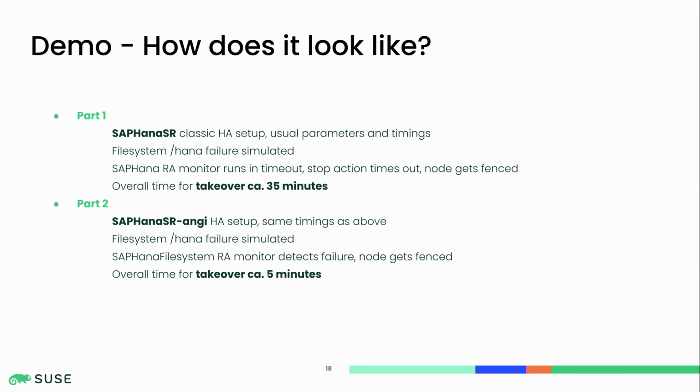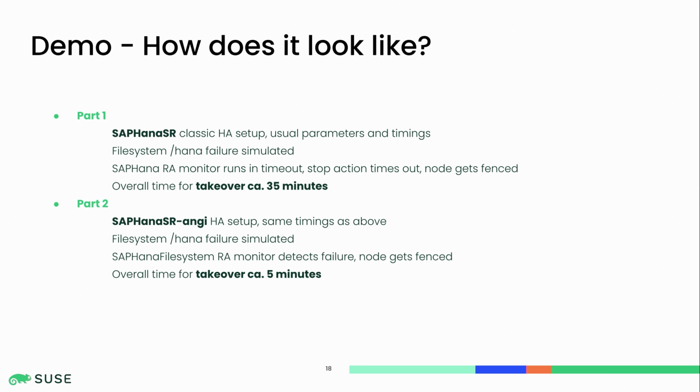The cluster would take 35 minutes to resolve the situation because of the timeouts we need to wait to find out everything really is broken without having the binaries. Everything runs into timeout, then takeover takes place, and with a standard configuration that takes around 35 minutes.